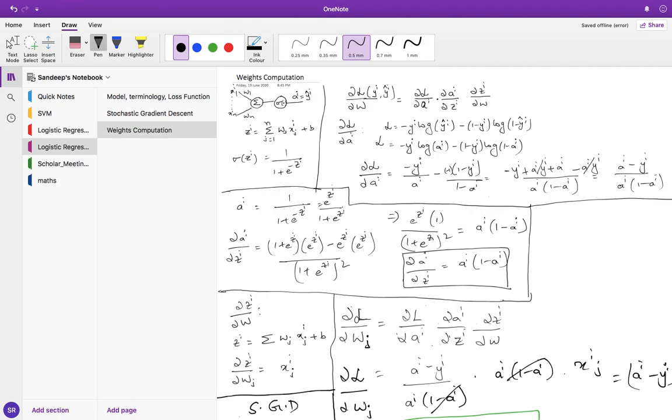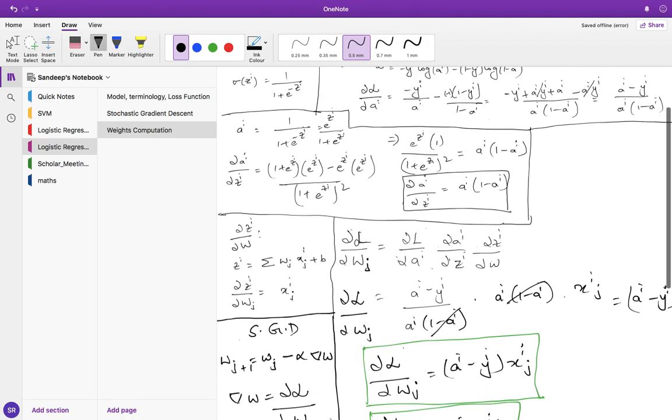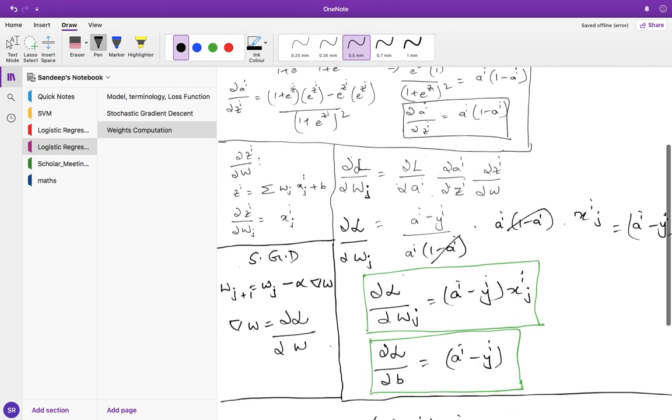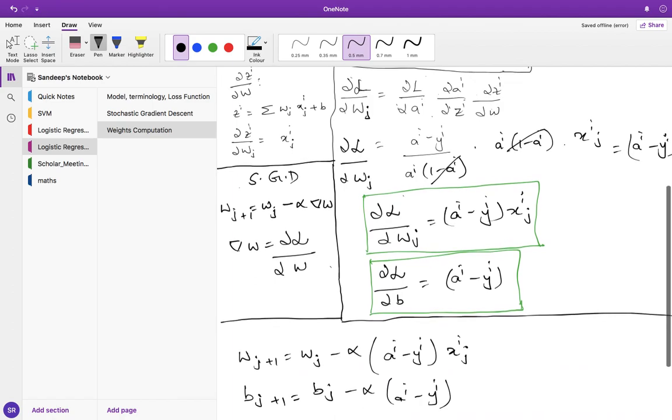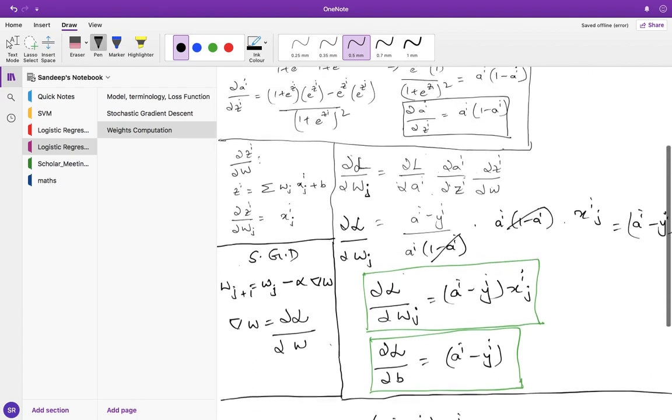So this is getting cancelled out with the term dou ai by dou zi. So it got into a very simplified form, which is ai minus yi, and you have this extra term which is a result of dou zi divided by dou wj. So in this way we compute the gradients and we introduce this gradient into the SGD update expression. Alpha determines the step size, and it is heuristically chosen. So this is how we compute the weights in logistic regression.